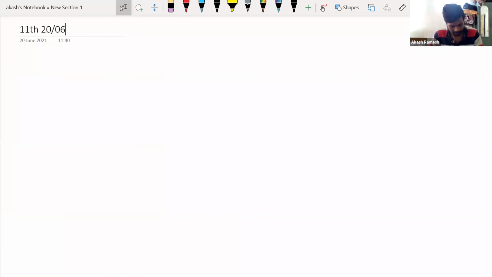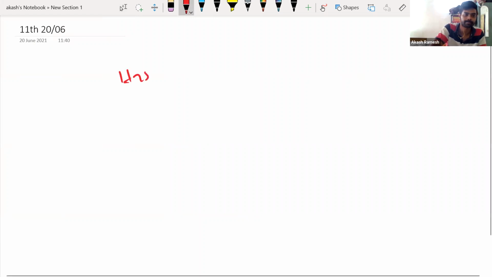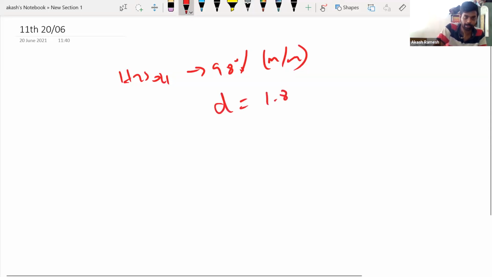So the question is: calculate the molarity and molality of an H2SO4 solution which is 98% m by m, and the density of the solution is 1.8 gram per mL.